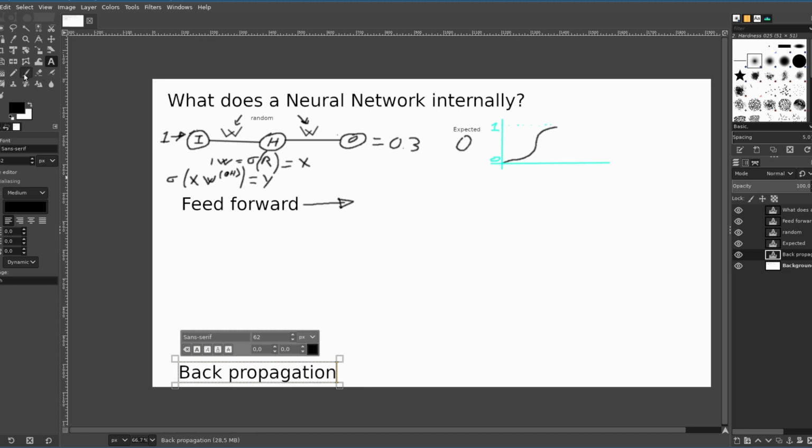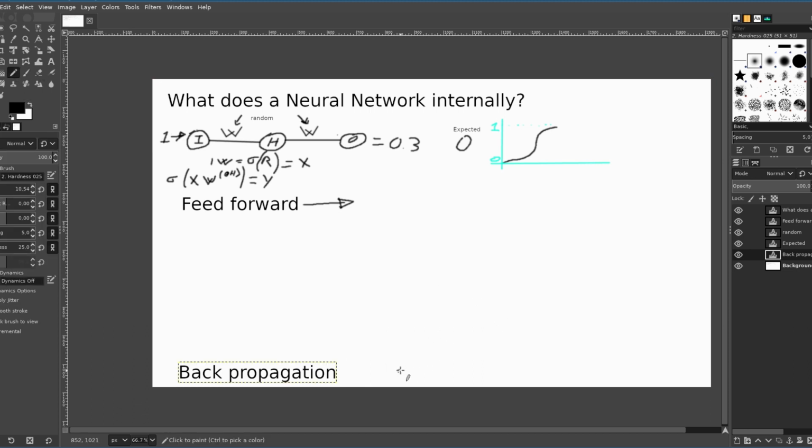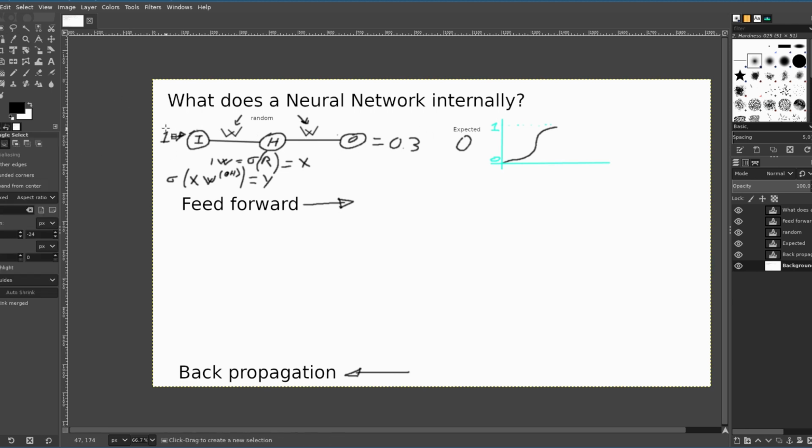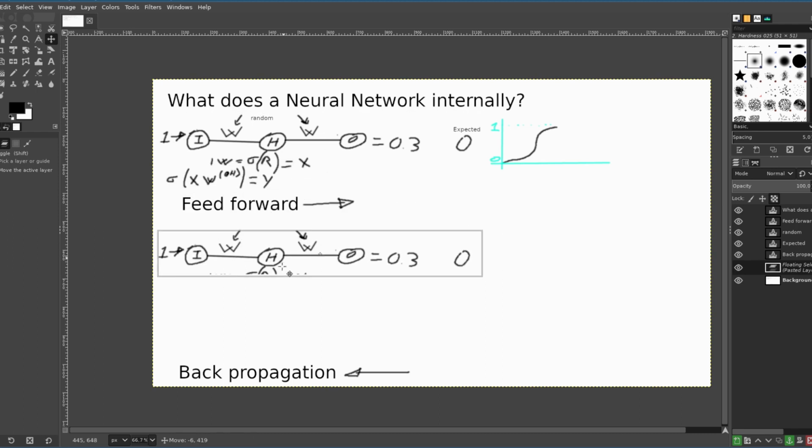Backpropagation is executed in the opposite way of the feed-forward propagation. In this way, let's consider always this equation, this neural network. Let's see if I can copy. I hope that it works. Perfect.